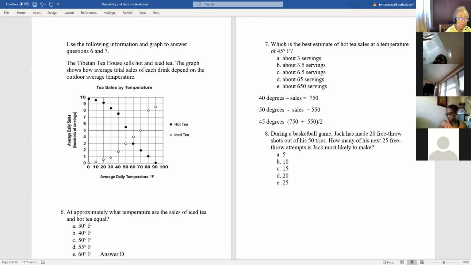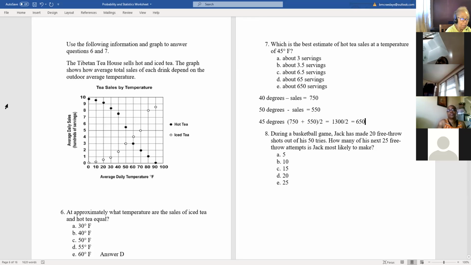So what would that be equal to? 750 and 550 gives 1300. 1300 divided by 2 is 650.